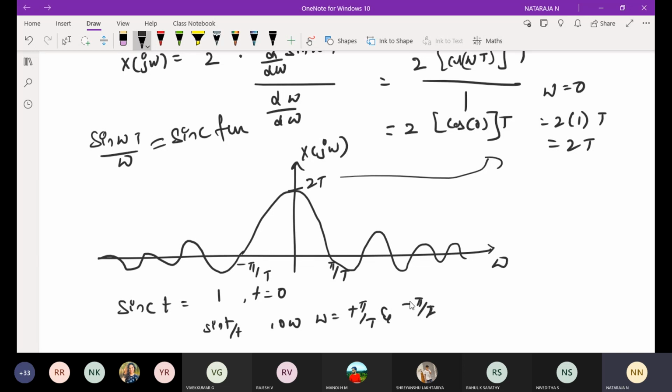Like this, we have one more problem. The same signal, but minus T and plus T is replaced by minus omega and plus omega. You can try that problem.